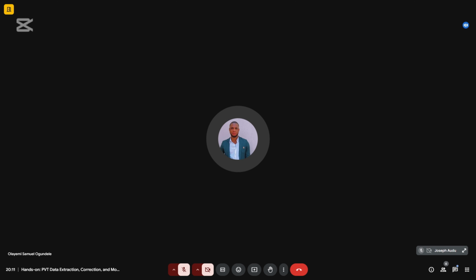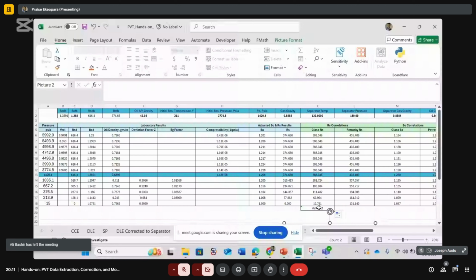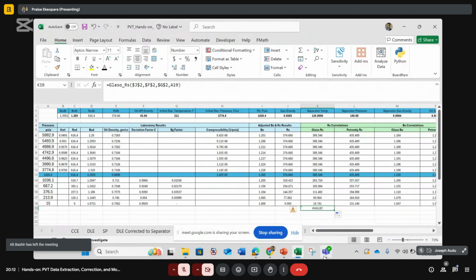Yes, it has. Just for clarity, it's going to stop at the last value on that sequence, I mean the pressure? Yes, it's going to stop changing at that level, because I'm going to stop it there. If I reached here and didn't stop, and kept on dragging, you see that it's giving me a value error.